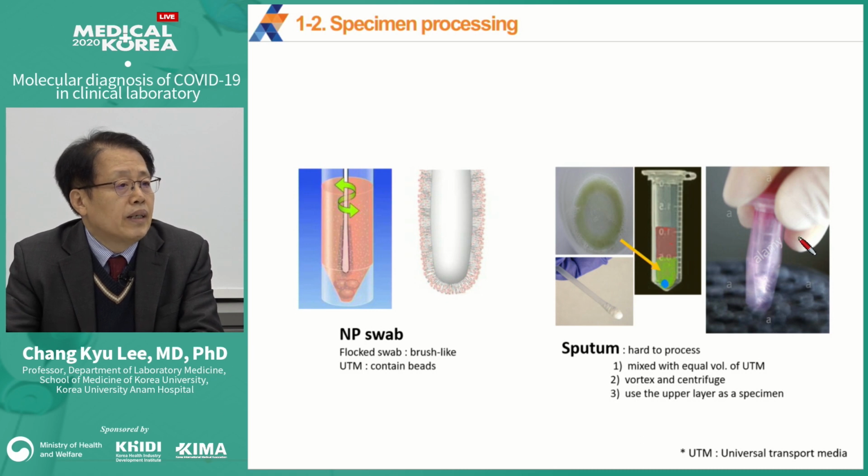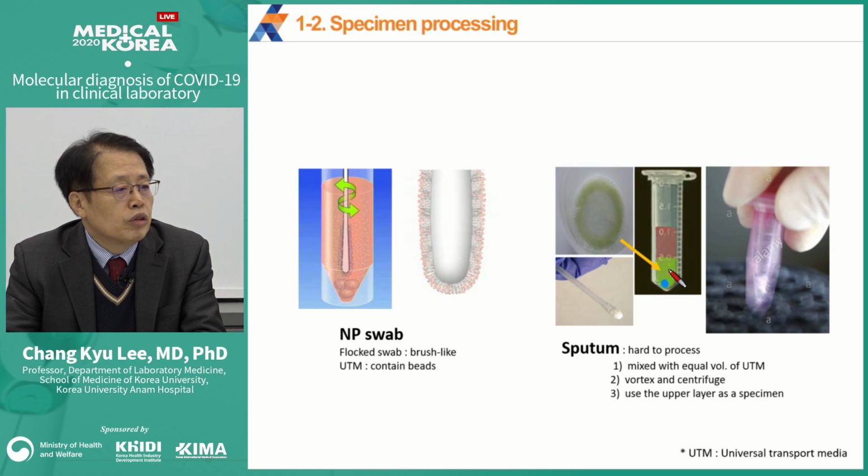As you can see here, flocked swab having brush-like hair is useful in getting adequate amount of virus and infected cells. Universal transport media usually contains a few beads. Sputum is sometimes hard to process. I would like to introduce one simple method.